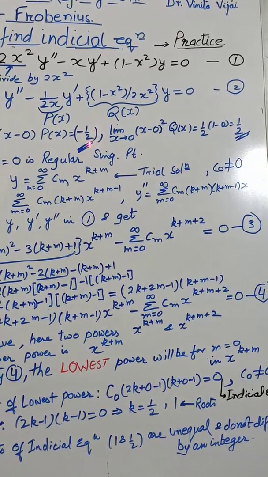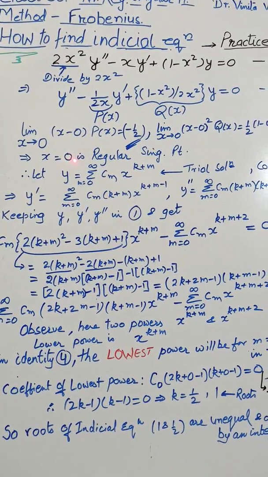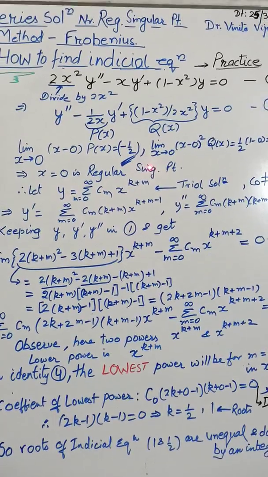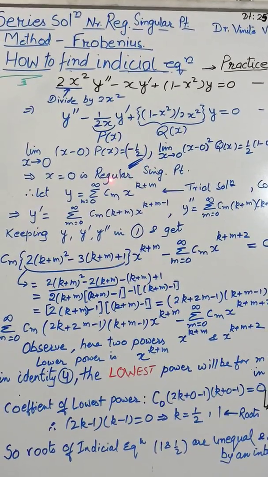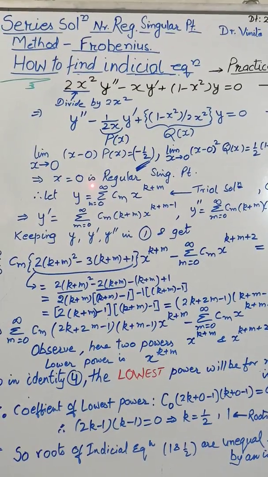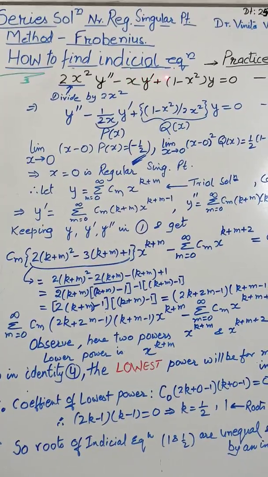Having seen that these two limits exist, I can say that x = 0 is a regular singular point. And if it is a regular singular point, then we will apply the Frobenius method to solve the equation. For solving the equation, we will be needing the indicial equation.